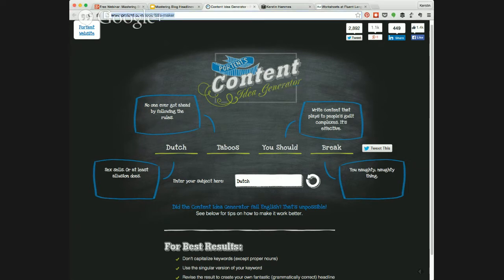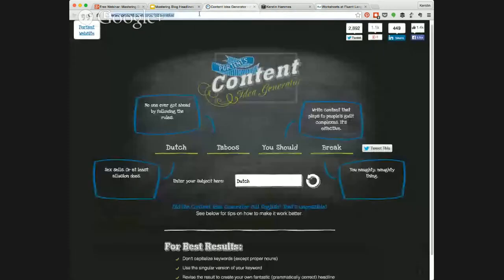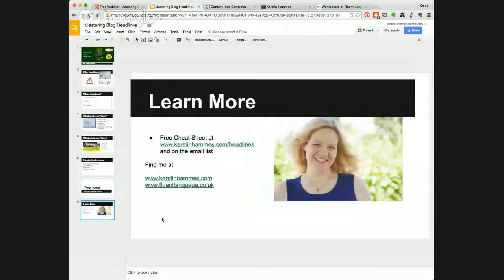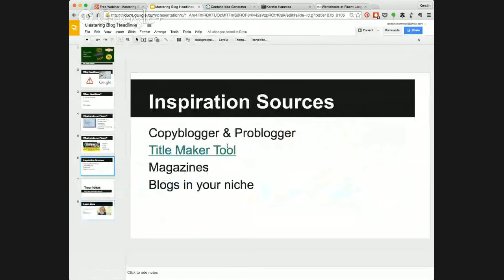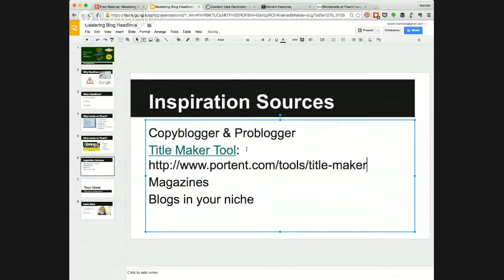And you can see in the screen share the website address for this is Portent.com, which is the company that's running it, /tools/title-maker.